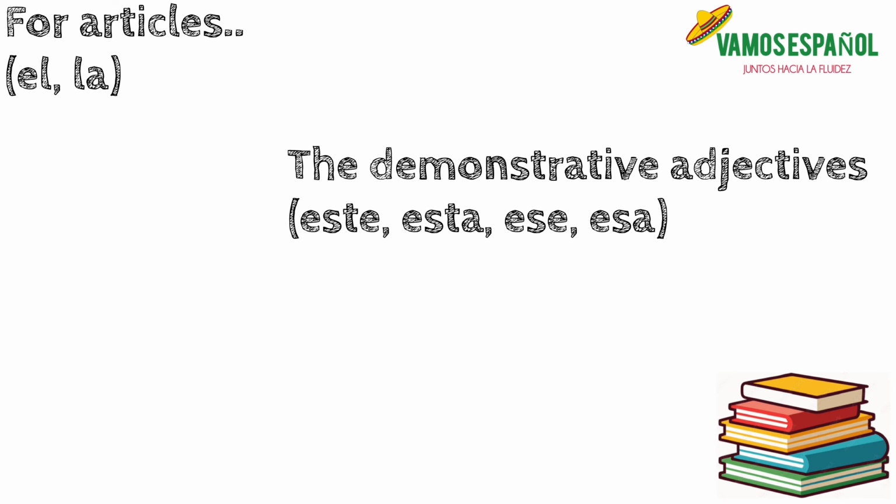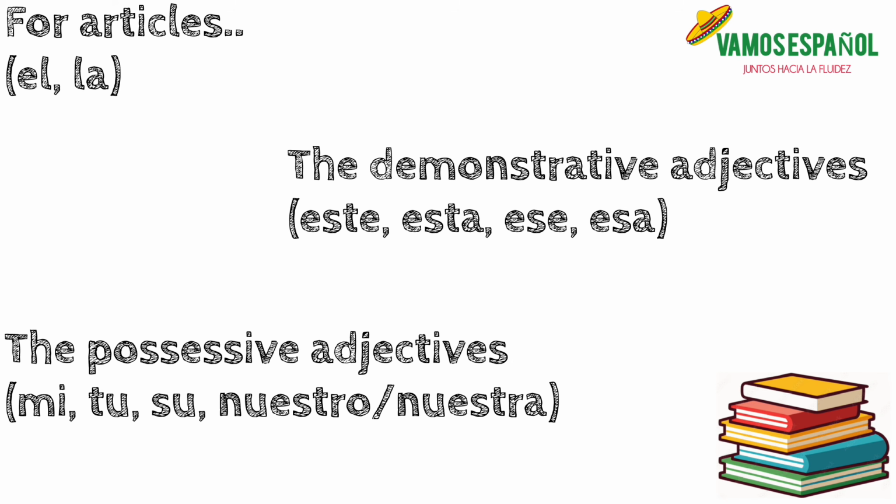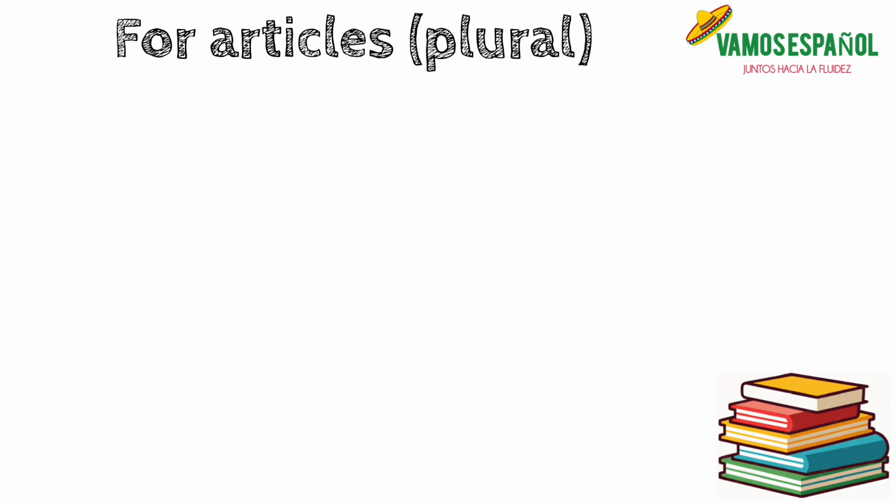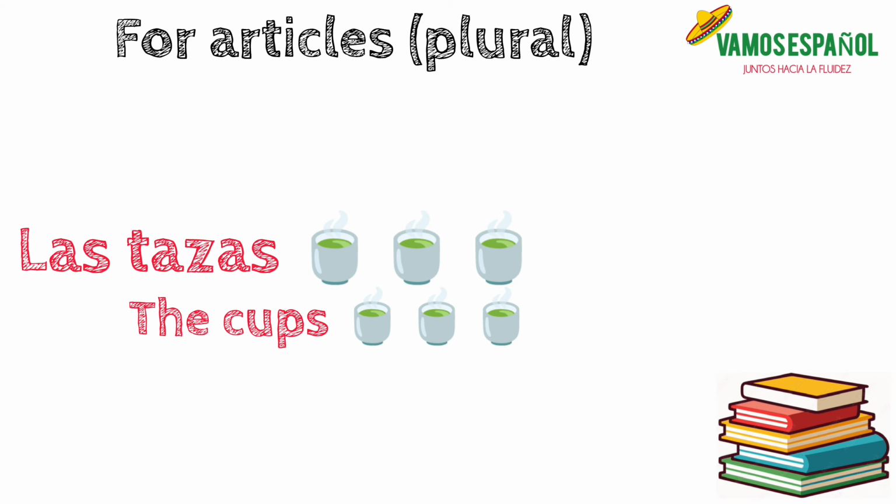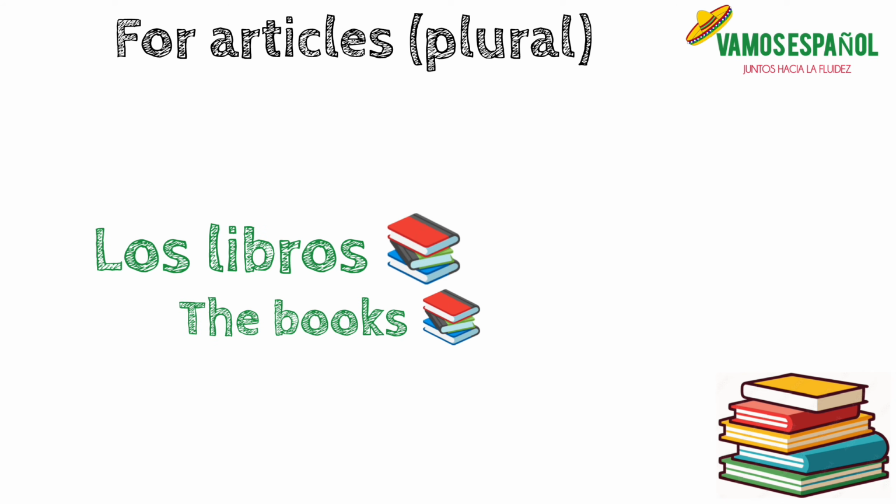Now for the articles, the demonstrative adjectives and the possessive adjectives, we do a little reconstruction in the masculine version in the plural form. Now for articles in the plural form, la goes to las, and el turns to los, in las tazas and los libros.